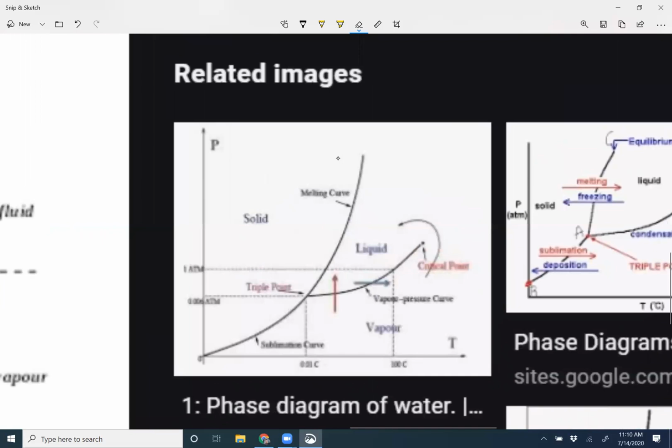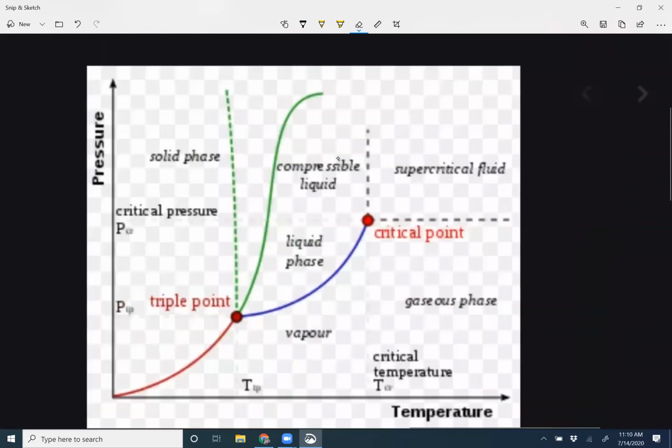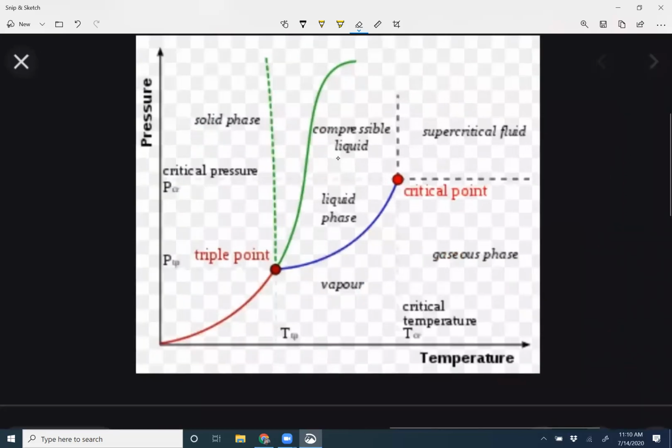So a typical phase curve is like the one I'm showing you up here, and what it shows is how something transitions. As you increase temperature, things go solid to liquid to gas, and if you get the temperature really crazy, then they go into supercritical.